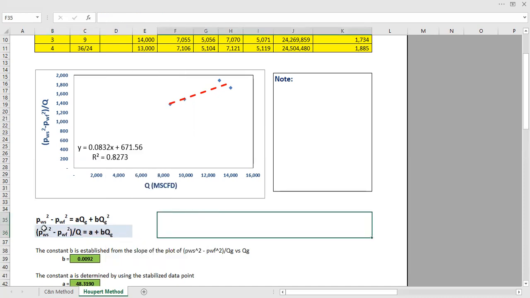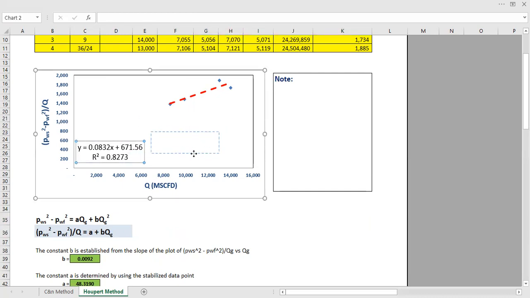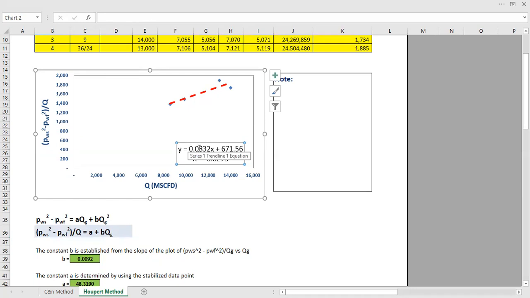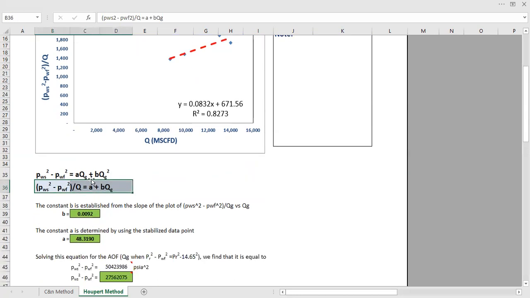And we can look at this equation from this trend line result. All right. So you see here in this equation, we get the value of 0.0832. And this one, the intercept, 671.56. All right. And look at this equation. So here in my second equation, A is the intercept, okay?